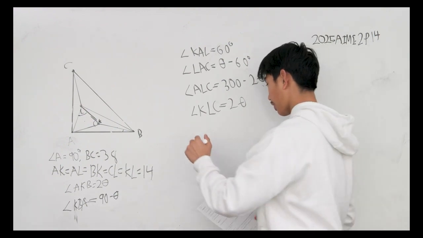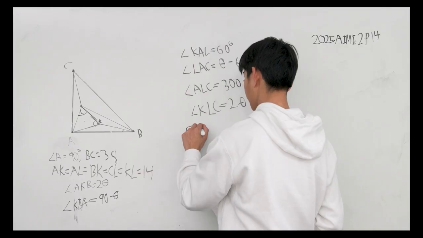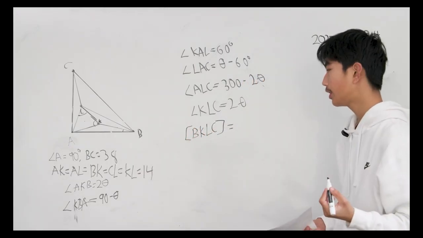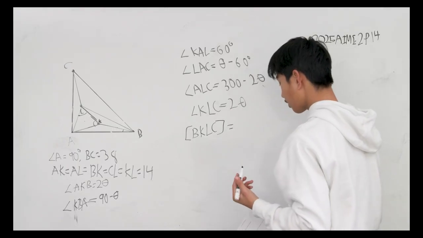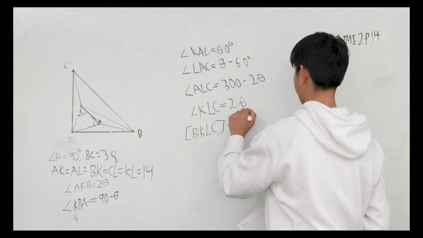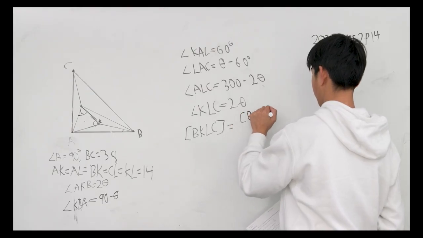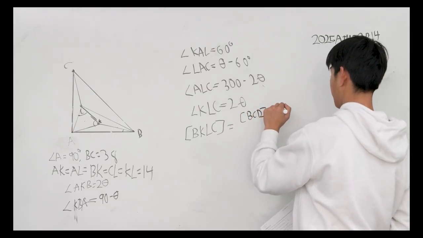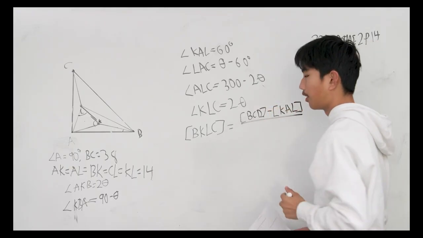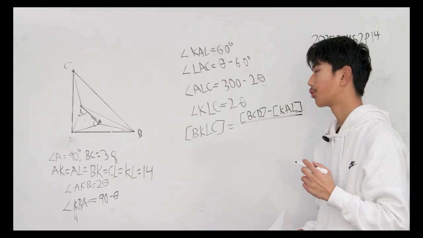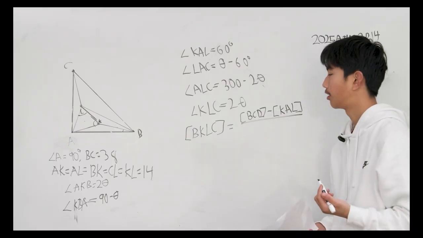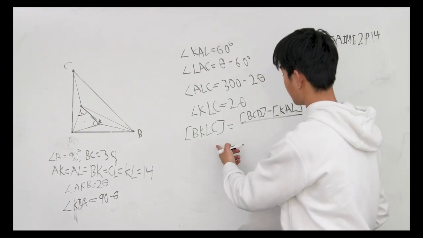We know that for the area of BKLC, we have to see that this is the whole area of the new triangle BCD, and then you subtract the inner triangle KAL. That leaves us with the area of the 3 smaller quadrilaterals, each one equal to the area of quadrilateral BKLC.